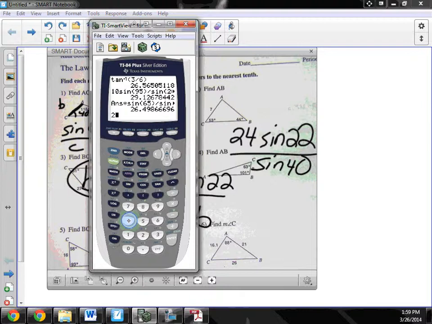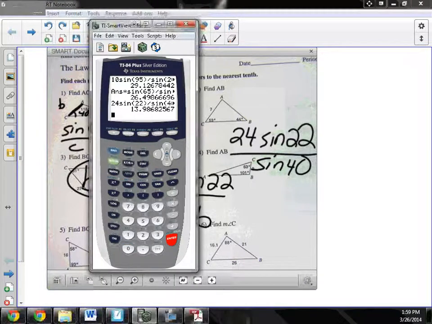So 24 sine of 22 divided by the sine of 40. So 13, 14 is good.